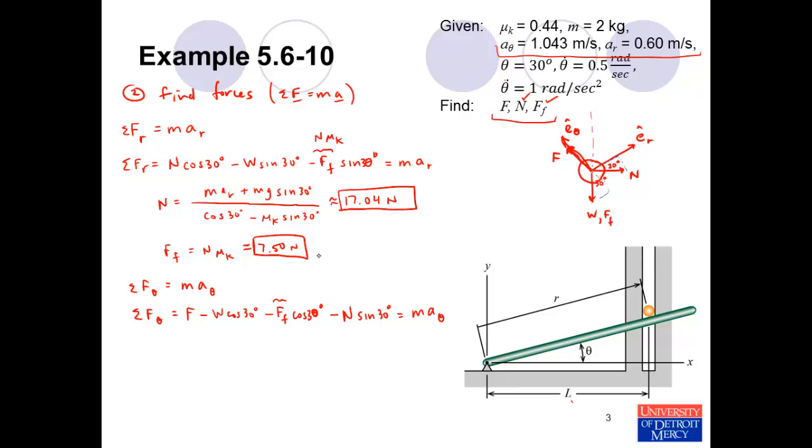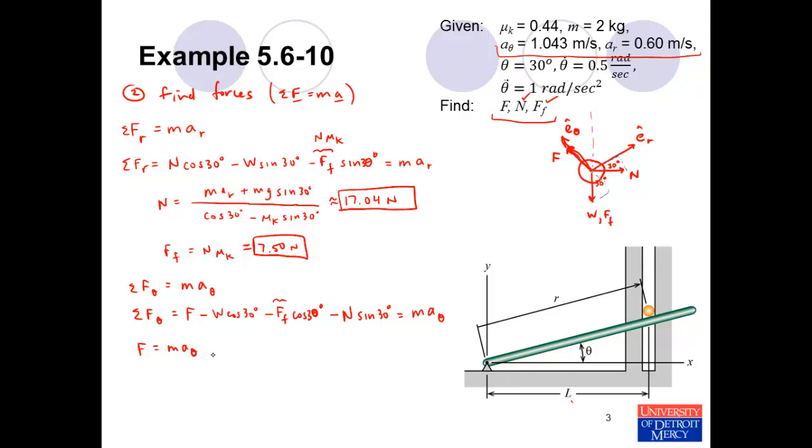Again, we know what the friction force is, or you could rewrite it as mu_k n. We know the normal force. We know the weight is m times g. We know m. We know the acceleration. So the only force that we don't know is the force of the arm pushing on the particle F. And we can find that simply by moving everything else to the right-hand side of the equation.